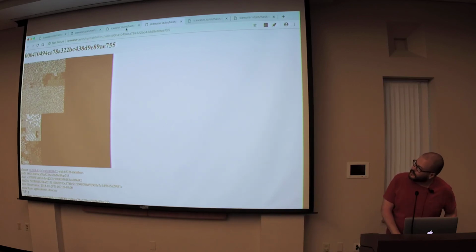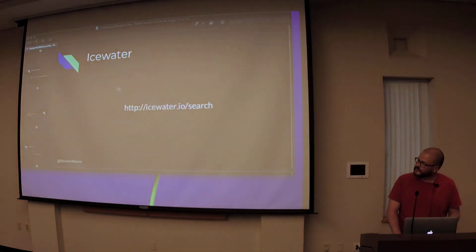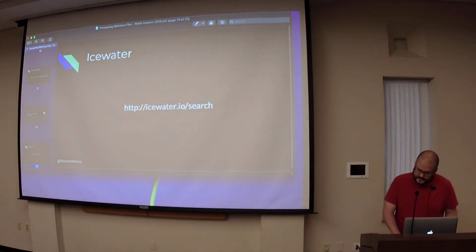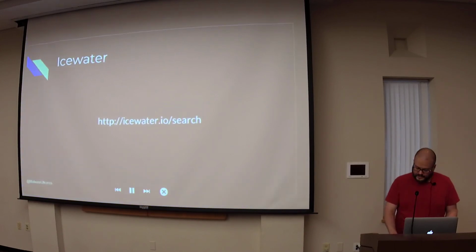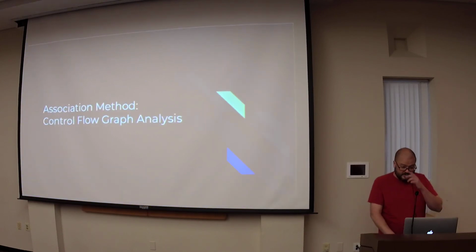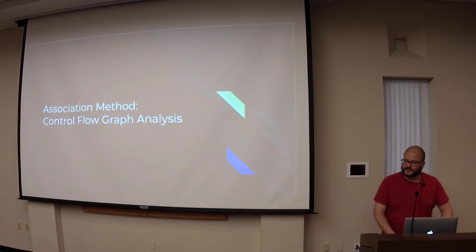So you can see where something is changing. Oh, see that? Yeah, cool. All right. So that's another way of looking at what's related. Let's use slideshow. All right. And then, as you had mentioned earlier, control flow graph analysis.